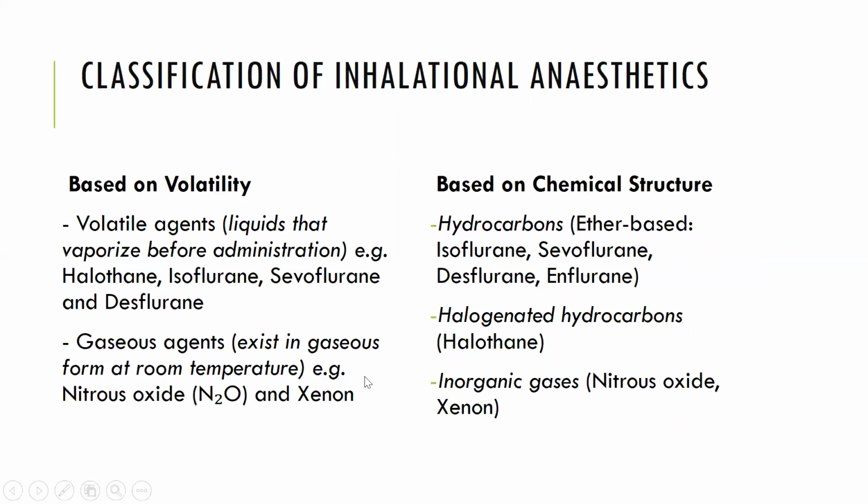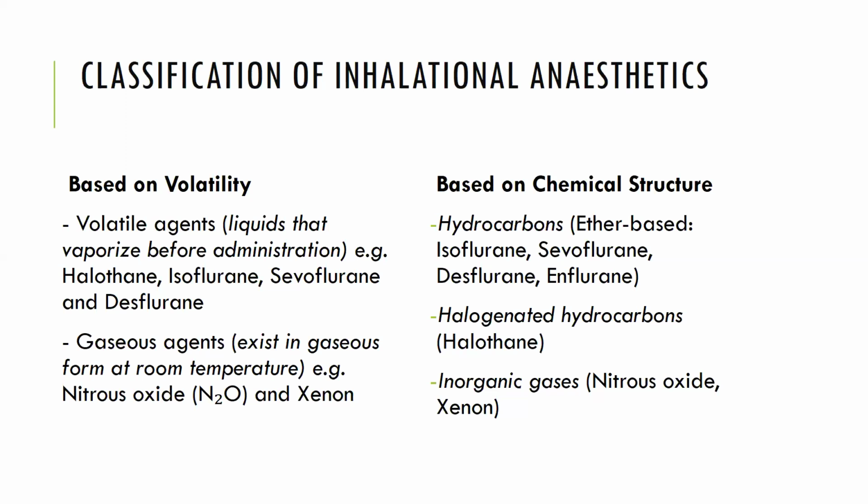So inhalational anesthetics are classified based on different criteria. Number one, based on their volatility. Volatile agents are actually liquids that need to turn to vapor before they are administered via the vaporizer.